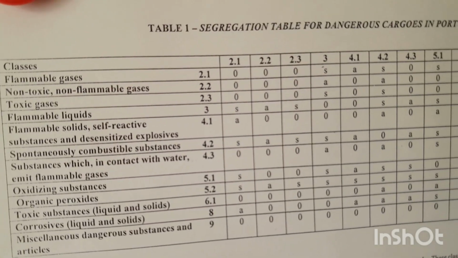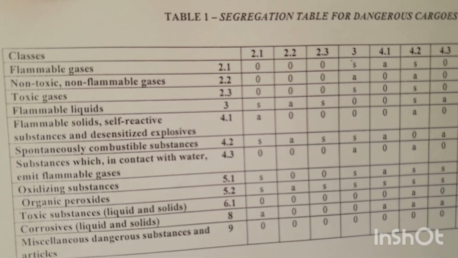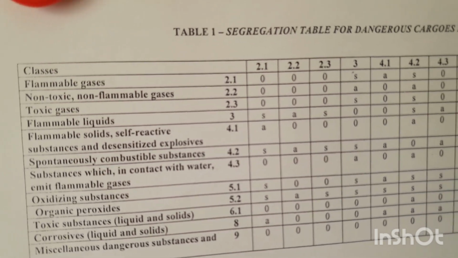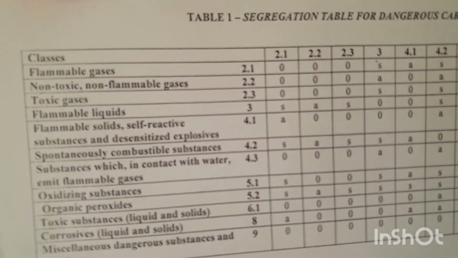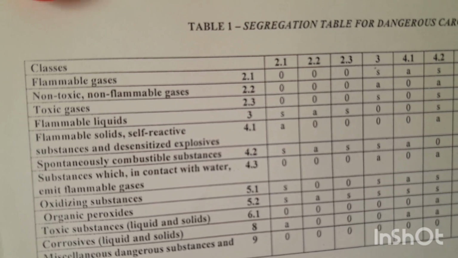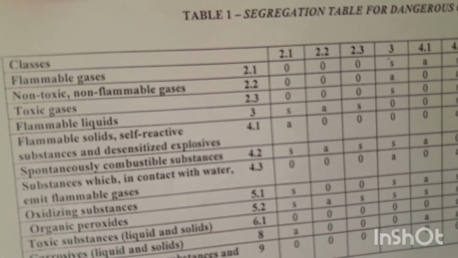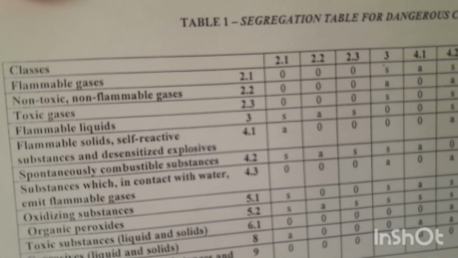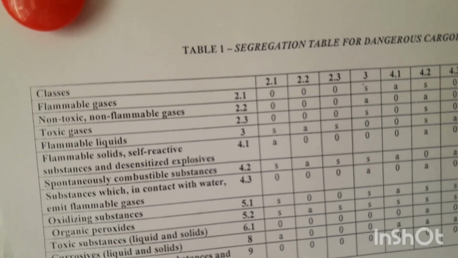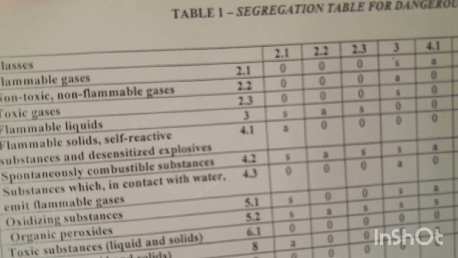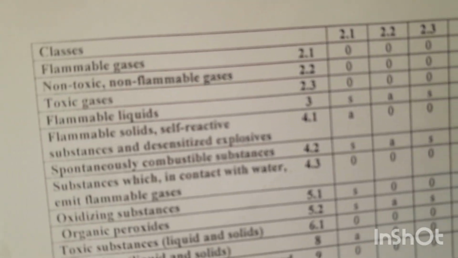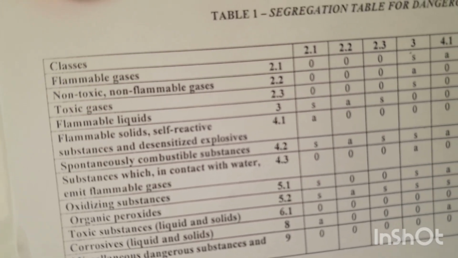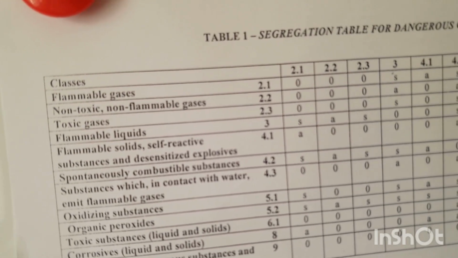You can see here in this matrix on the left side, under classes, flammable gases 2.1, non-toxic non-flammable gases 2.2, toxic gases 2.3, that is the class of the goods. Flammable liquid 3. Not only the class, they are also identified with the subclass. For the purpose of compatibility, you have to break down into the subclass. Class 2 has got 3 subclasses, 2.1, 2.2, 2.3, and all 3 have been mentioned on the left hand side.